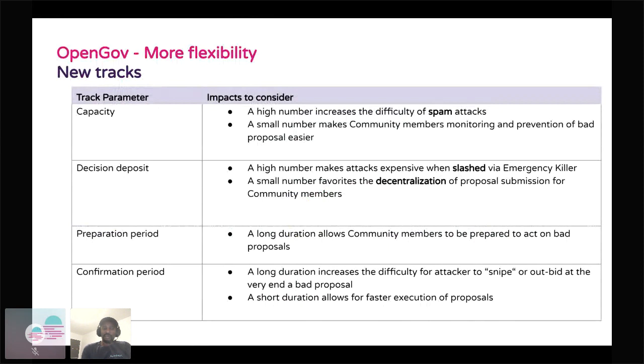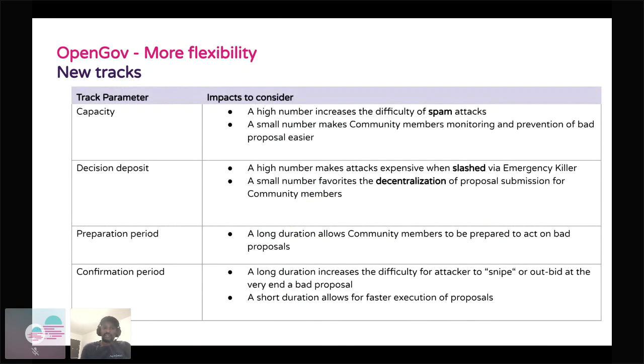If the capacity is not one, meaning one proposal at a time can go through this process, and we increase it to 2 or more, it will definitely become quite difficult for an attacker to spam the system. This is good because if you want to jam the queue, you will have to put a lot of bad proposals in this specific track.